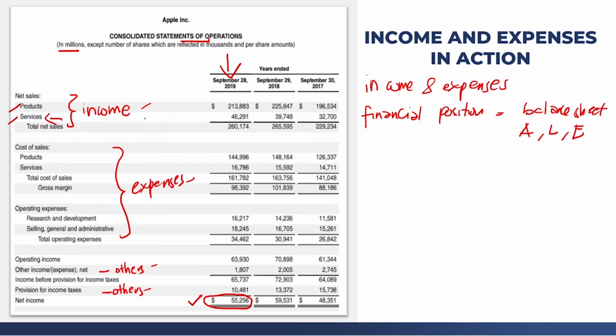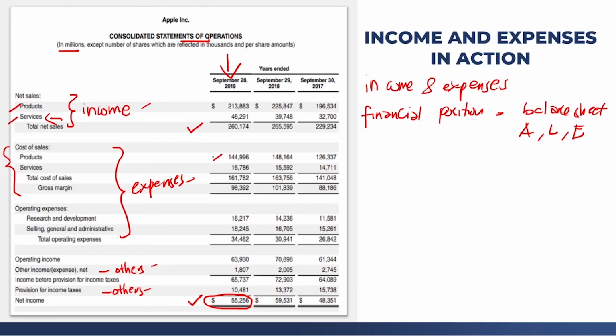It means that they earned a total of $260 billion from sales of products and services during the year. This part right here, the cost of sales, means that out of the $260 billion, the cost of manufacturing the iPhones, all in all, is $144 billion.